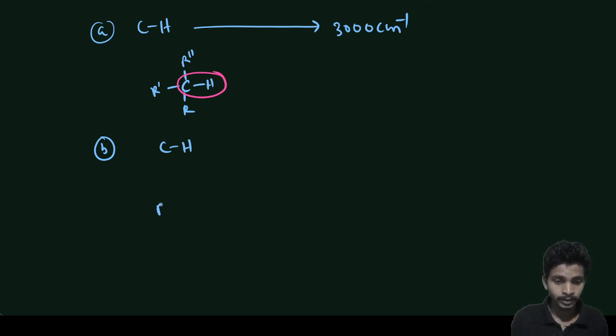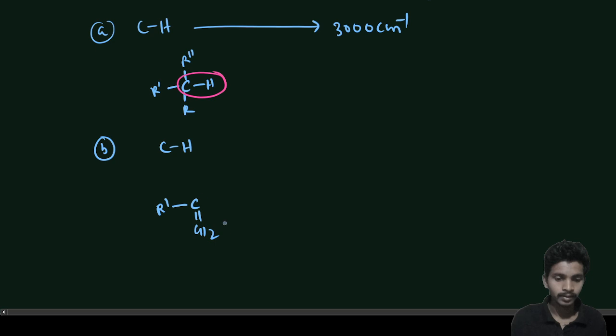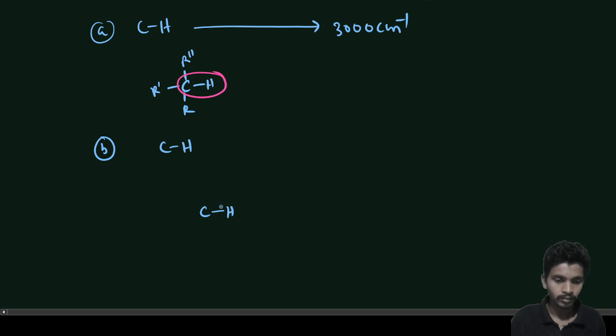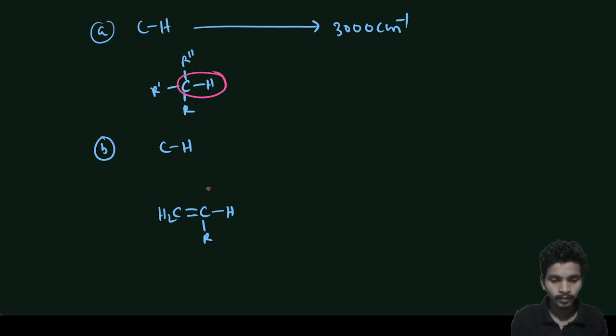Okay, now let's say this R1 and this C, and it has some groups like this, then this value will be in this range, that is this C is sp2 hybridized, here C is sp3 hybridized.